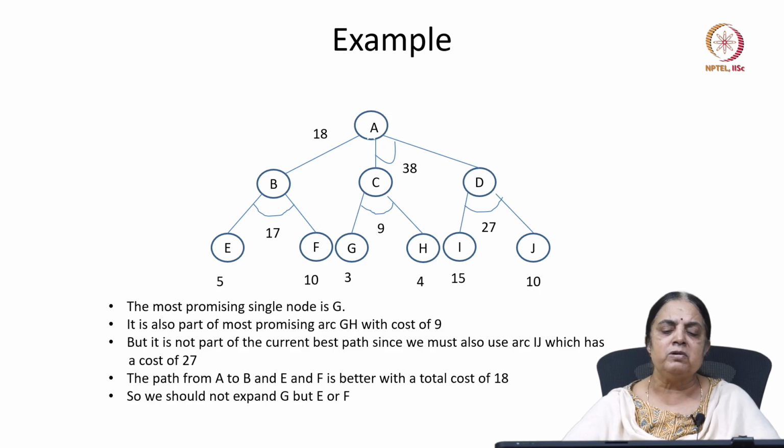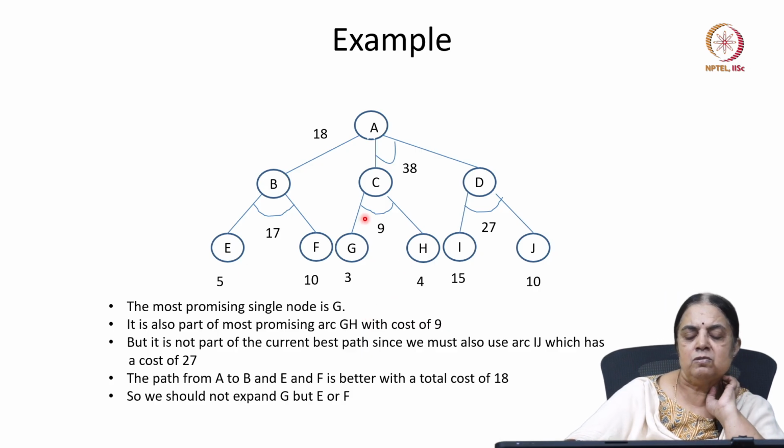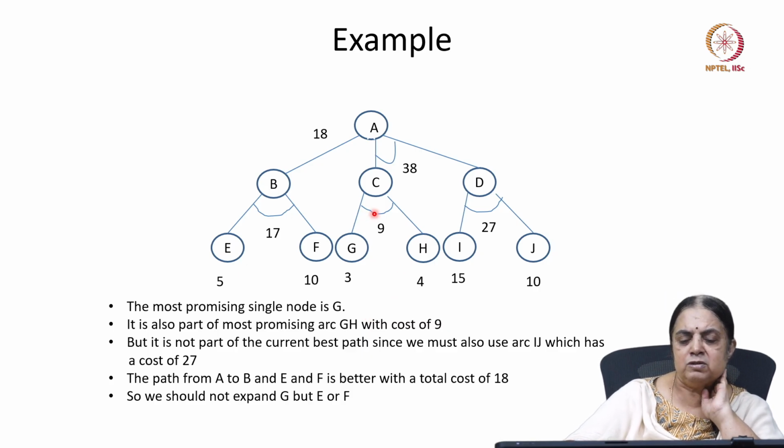So how do we work on AND OR graphs? Let's say that we have an AND OR graph like the one shown over here. This shows an AND graph where both G and H together need to be completed. If you take each node singly and look at all the leaf nodes, G is the best node, the most promising single node.